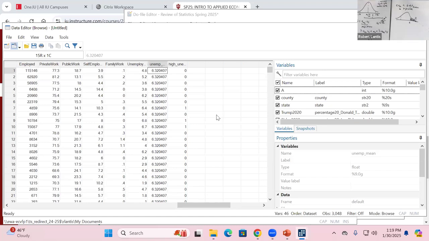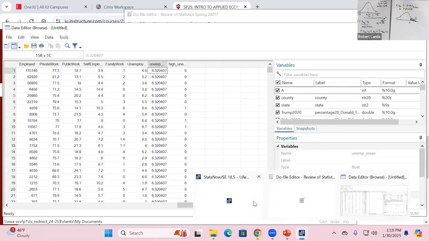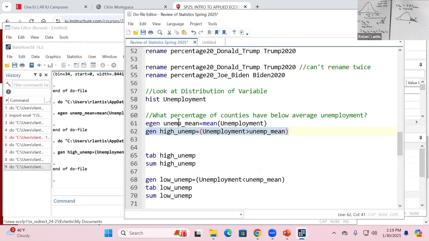Okay. Yeah. What's the difference between? Yeah. So egen, notice there's a blue word here. That's a built-in function behind the scenes. It's telling Stata to calculate a mean. How do you calculate a mean? There's an actual process that's coded in behind the scenes.